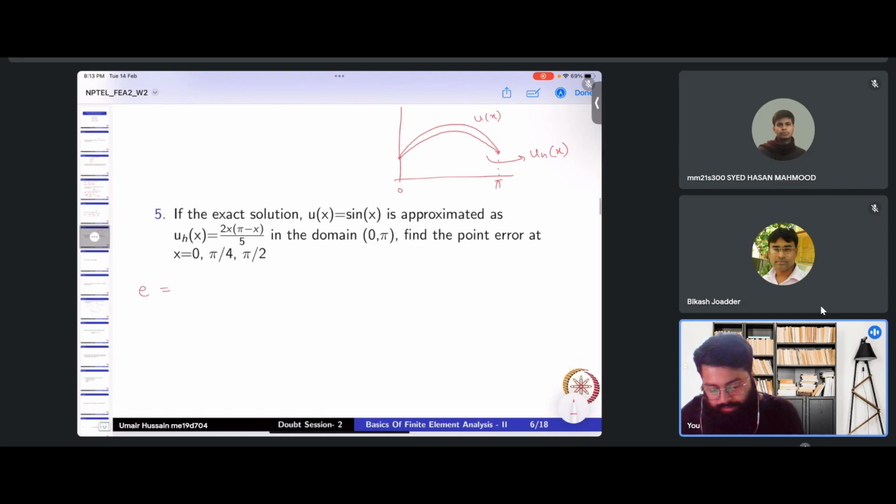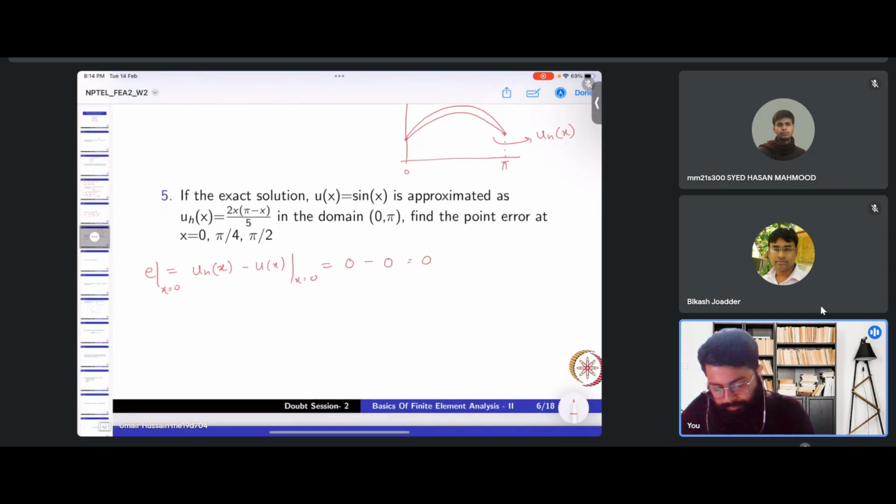So error is, here is, so what's u_h at x equals 0? 0, right? And u(x), which is sin x, is also 0. We don't have any error at x equals 0, right? So then we have x equals pi by 4.